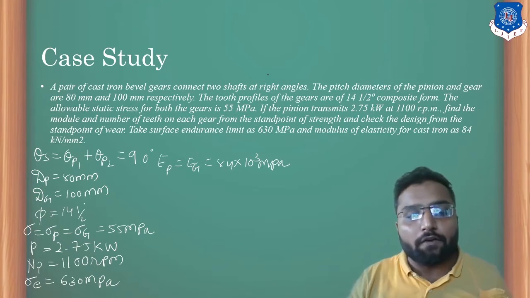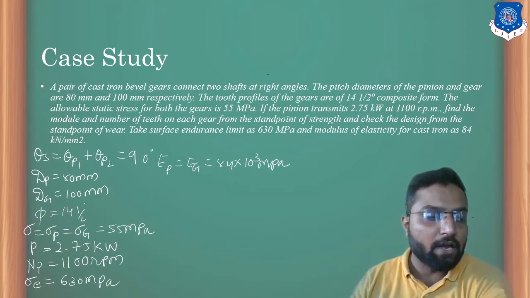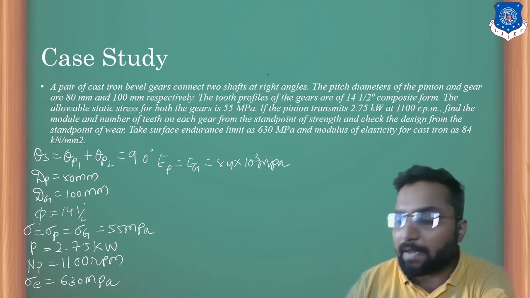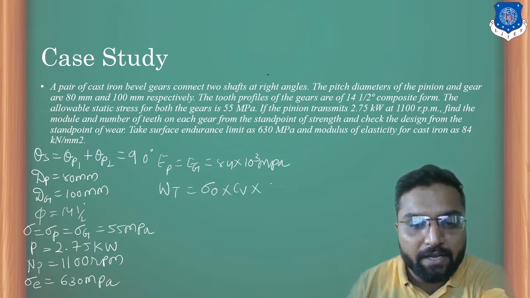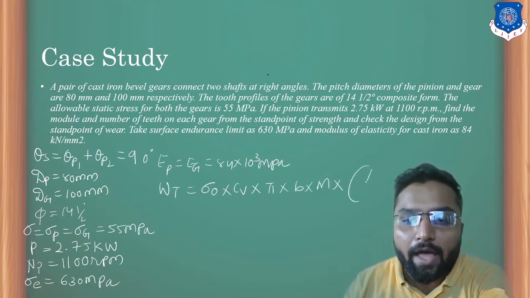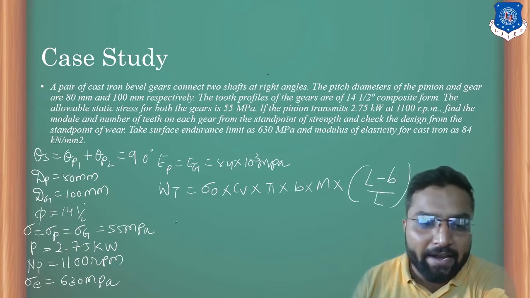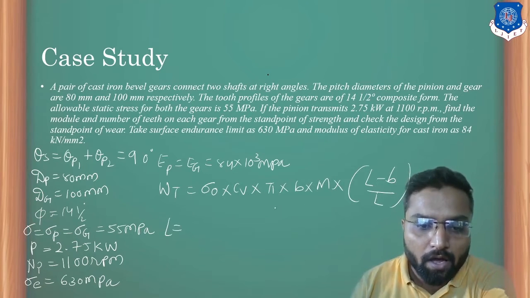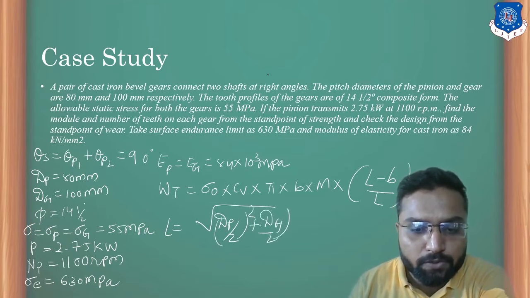So first of all, what is our equation for bevel gear? Our bevel gear equation for WT is WT equals sigma 0 into CV into pi into B into M into L minus B by L, where L is under root of (dp by 2) square plus (dg by 2) square.